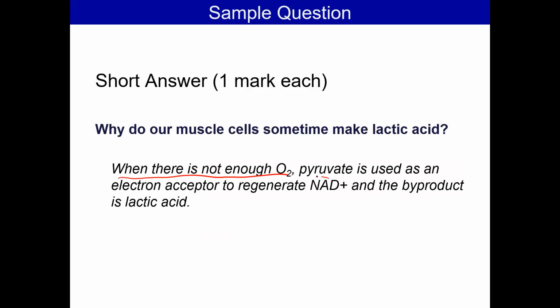So that is technically the chemically right answer, that we're regenerating NAD+. If you have that, great, that's definitely going to give you a full mark. But it's enough to say there's not enough oxygen, and therefore pyruvate is broken down only partially into lactic acid. So again, with these kinds of questions, the more information you give me, the more likely you are to get the full mark.